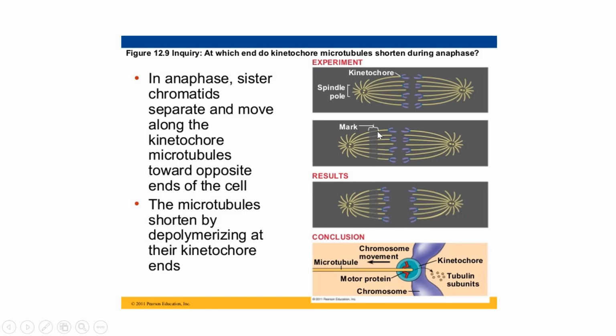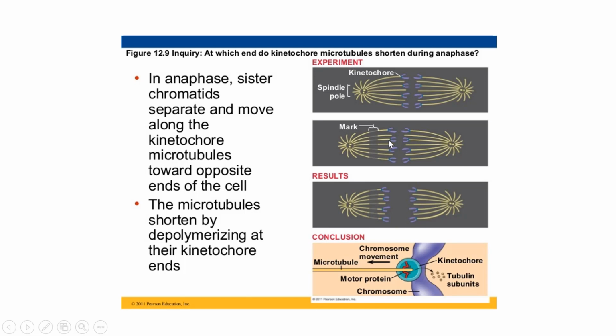And so you can see here they actually stained a portion of the microtubules in this process and then watched it during anaphase 1 to see if this stained region moves towards the centrosome or actually stays in place, and this portion of them shortens. And that's what they actually found, is that the stained portion, this marked region, stays in one location, and this portion of it actually shortens.